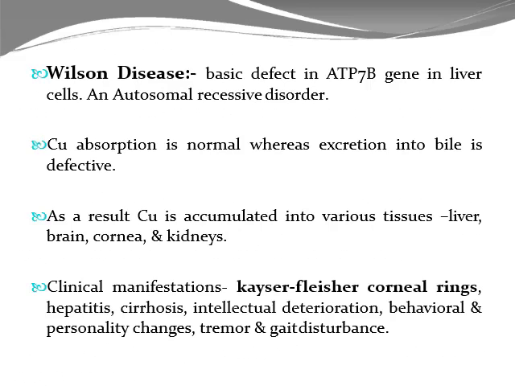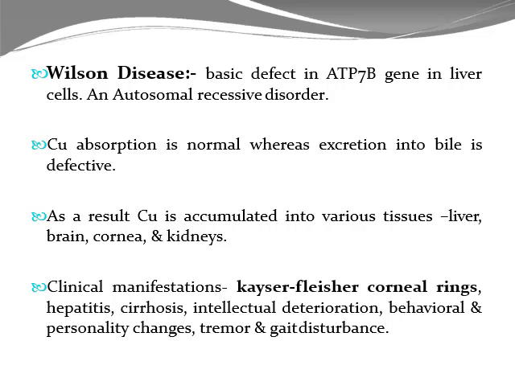Wilson disease is mainly due to defects in the gene ATP7B. It's an autosomal recessive disorder. In these cases, the body is able to normally absorb copper but is unable to normally excrete copper into the bile.